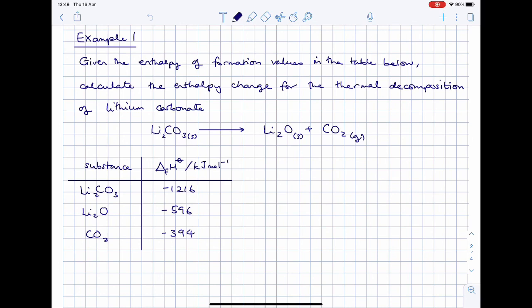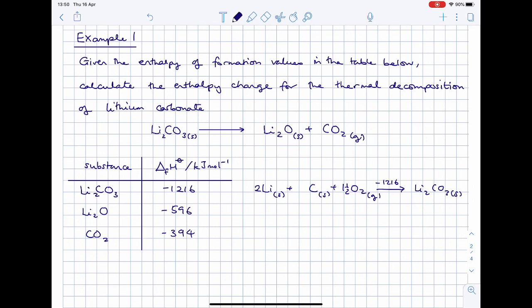So the enthalpy formation of lithium carbonate will be written as follows. The lithium and carbon and oxygen are the elements that form the lithium carbonate. And that value is minus 1216. And we balance for 1 mole of the lithium carbonate. And we can even put the state symbols.